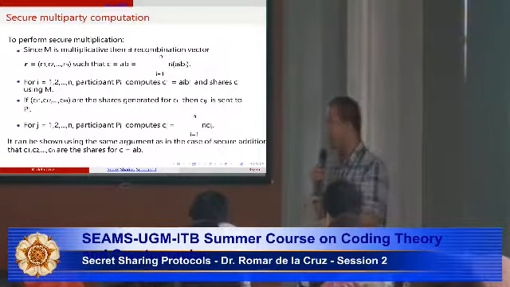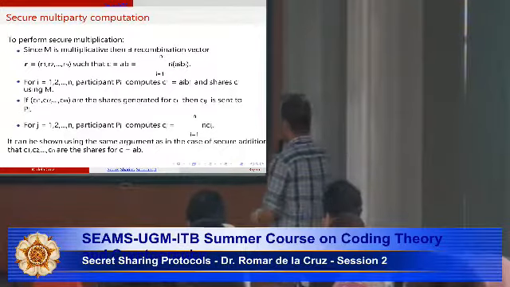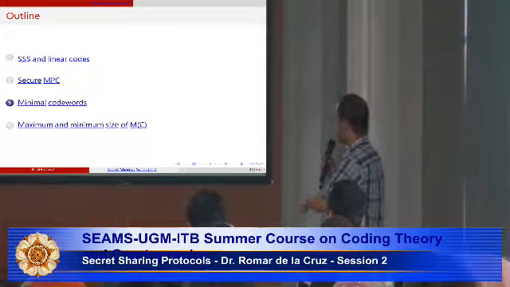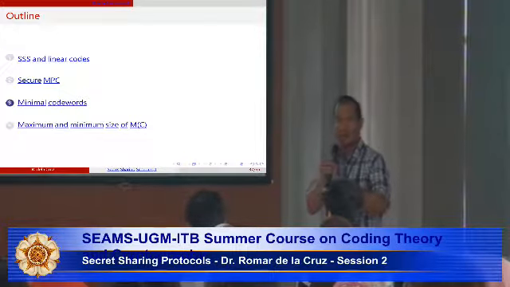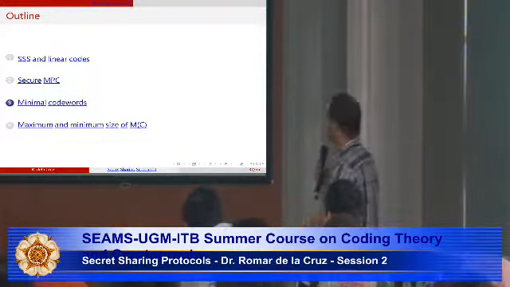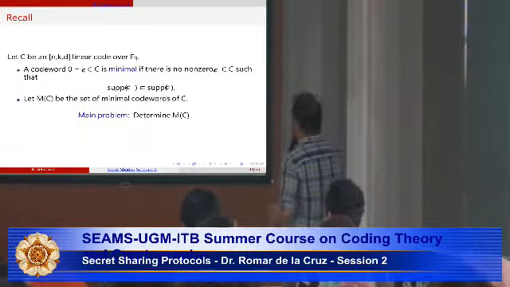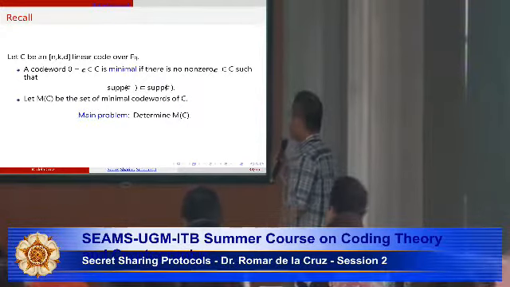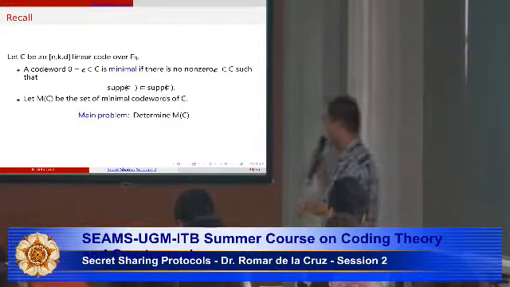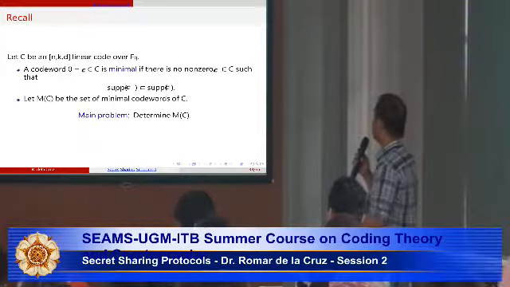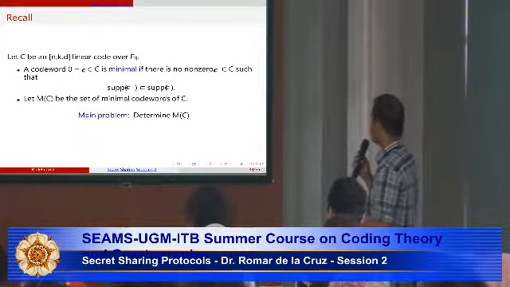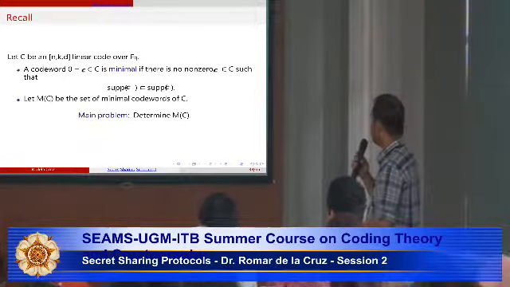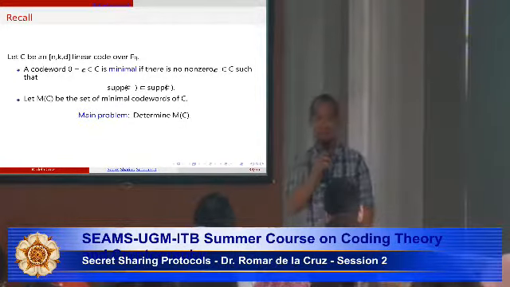So now I want to return to the minimal code words, but this one is more of a coding theoretic problem. So let's recall a minimal code word. A minimal code word is a code word with minimal support. Now, the main problem here is, given a linear code C, determine the set of minimal code words.